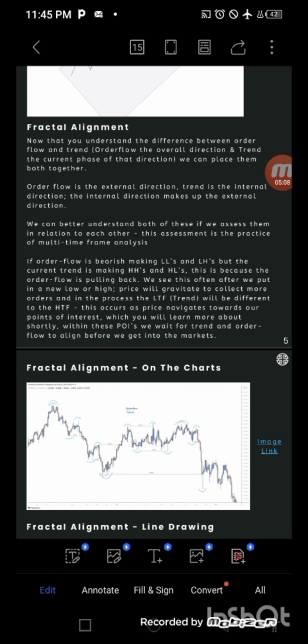In the process, the lower time frame trend will be different to the higher time frame. This occurs as the price navigates towards our point of interest, which you will learn more about shortly. At this point of interest, we wait for trend and order flow to align before we get into the market.